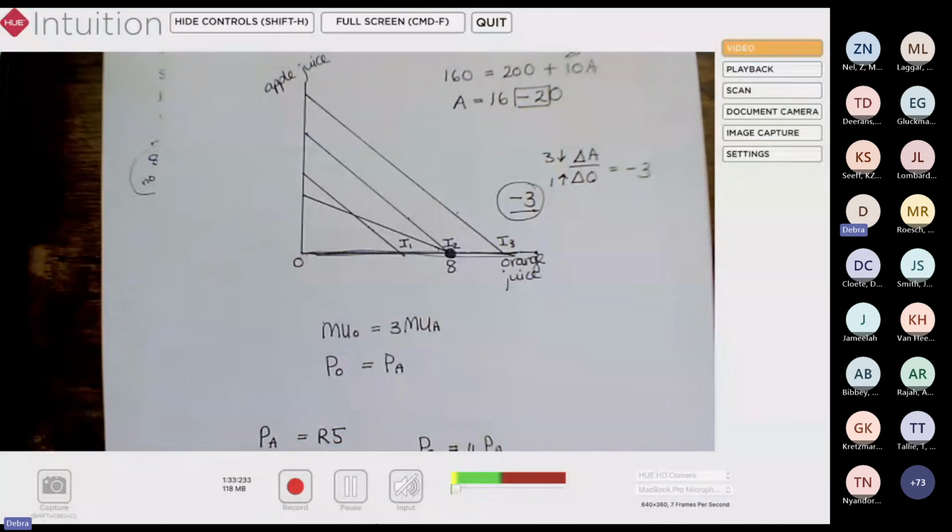Could you think of the MRS as the consumer's reservation option? The marginal rate of substitution represents how willing I am to give up something in order to get something else. So it doesn't relate to a reservation price or a reservation option at all. It represents my willingness to trade things off against each other.